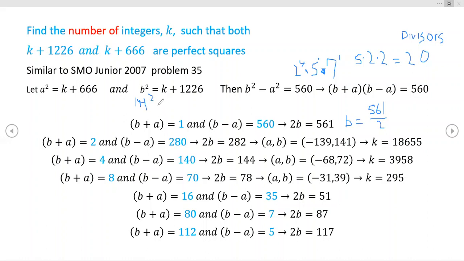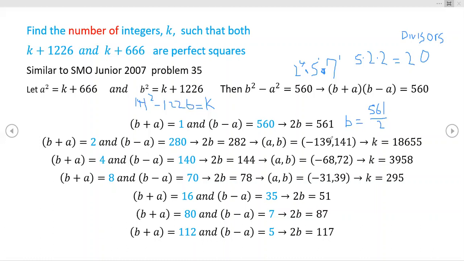141 squared minus 1226 would be equal to k. And I did the arithmetic for you right down here. And it would also give you this minus 139.